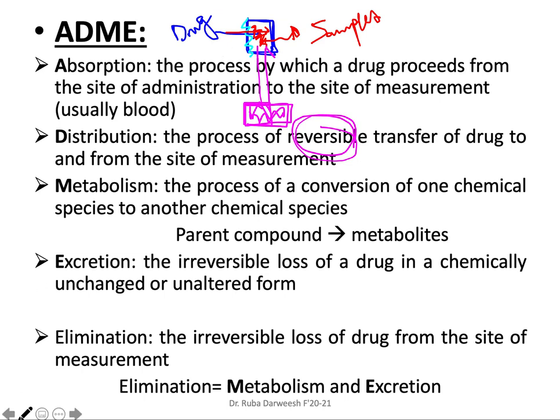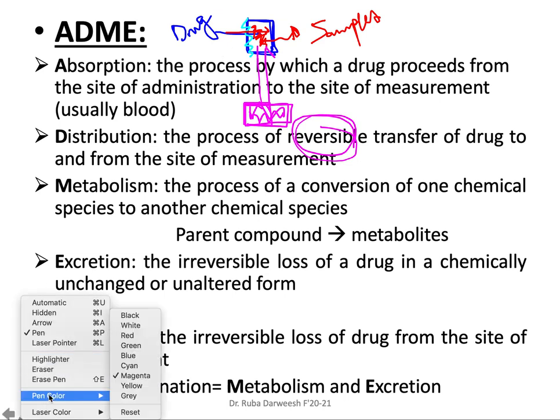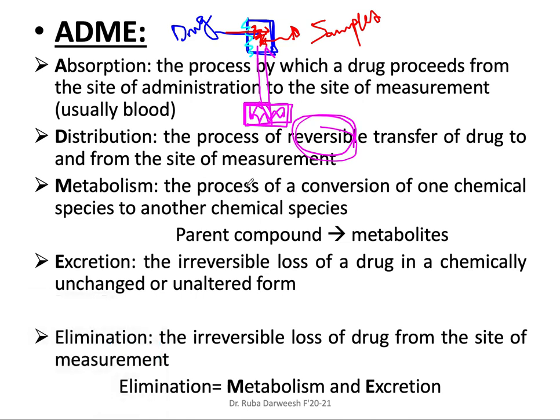Okay, when we are talking about metabolism, then we are talking about the process that is irreversible, changing of the drug, which is the parent compound, completely to a different species.